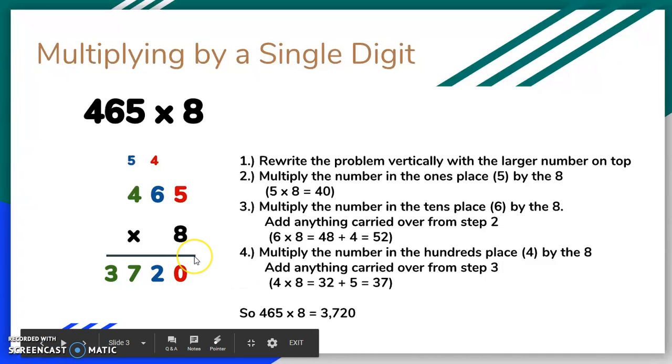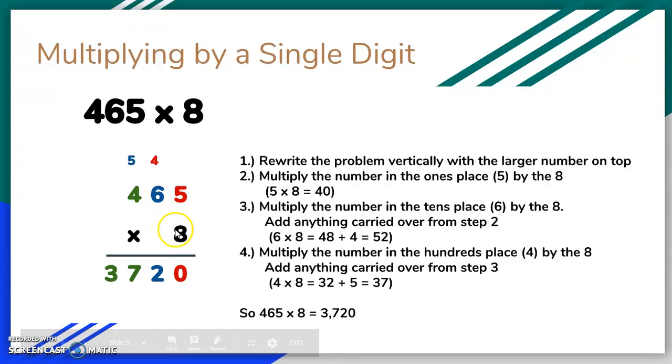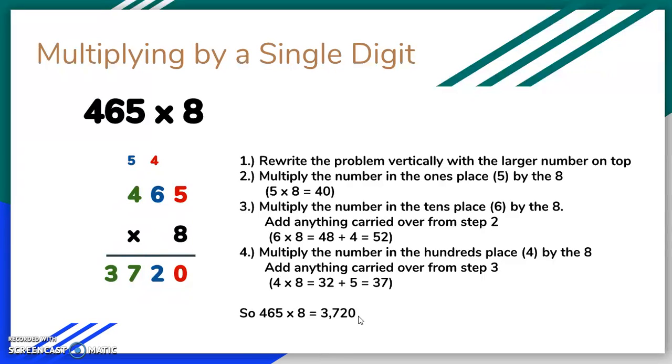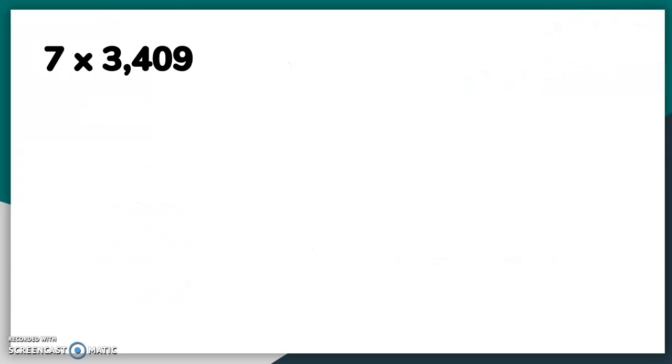My next step is then to multiply the number in the hundreds place, in this case a 4, by the 8. 8 times 4 is 32, and then add anything I carried. 32 plus 5 is 37. So 465 times 8 is 3,720.